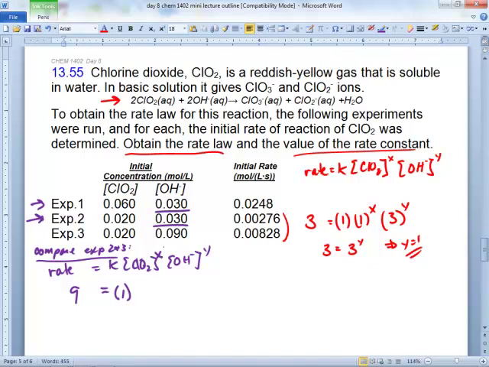Should be 3, right? 0.06 by 0.02, she's got 3 raised to the x. And you can divide the hydroxide changed by, well, divide 0.03 by 0.03. He didn't. So 1 raised to the y. And you can put in y if you want. Well, it is a 1, doesn't really matter. Right? So 9 has to equal 3 to the x. Man, Eric was right, wasn't he? X is going to be 2.